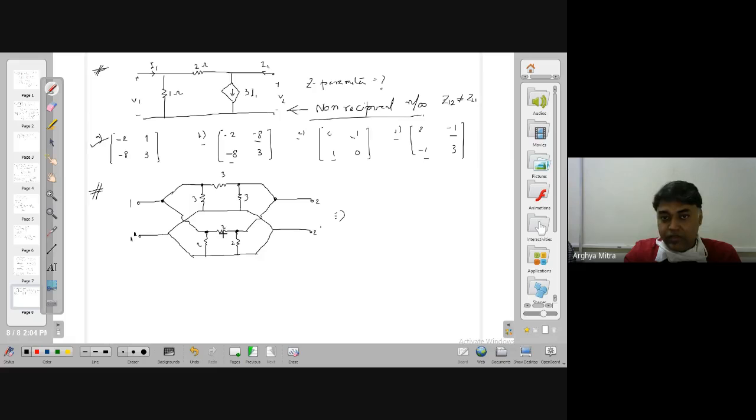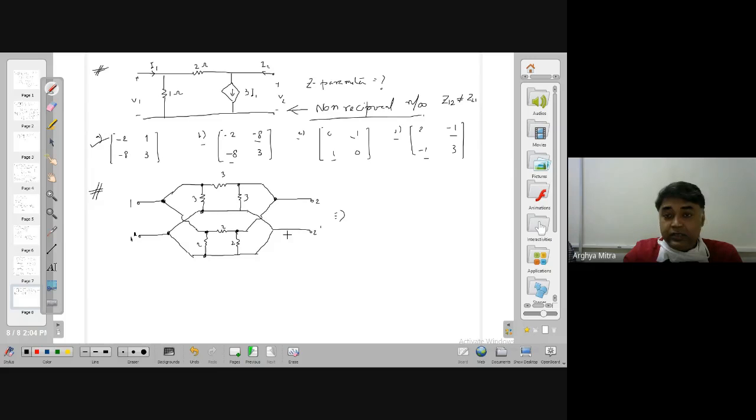Similarly, this resistance is across this node and this node, and this 2 ohm is also across this node and this node. So this 3 and 2 are in parallel. Similarly, this 3 and 2 also are in parallel.